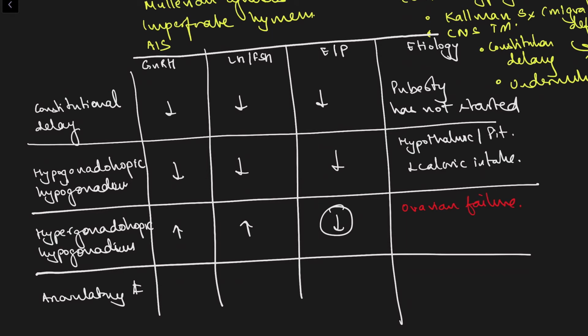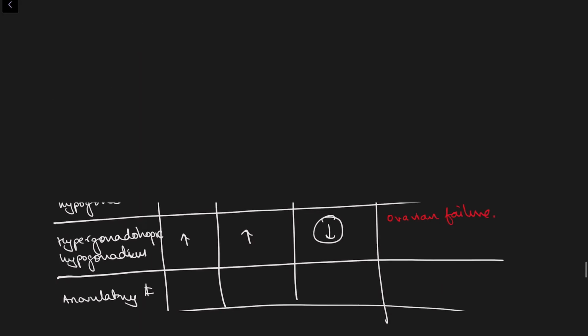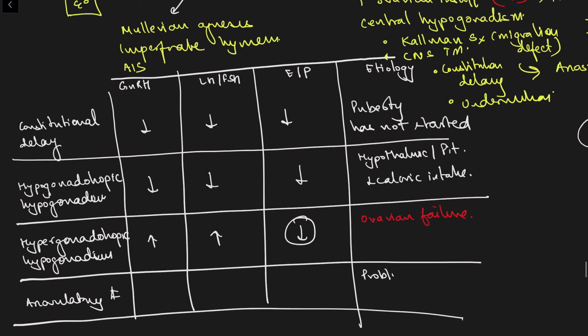Next is anovulatory problem. So here what happens is that there is a problem with the estrogen receptor, right? Or the hypothalamic pituitary axis is immature, like prepubertal. So here what will happen?